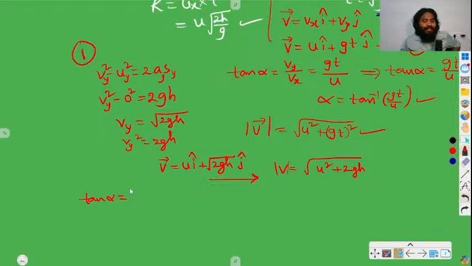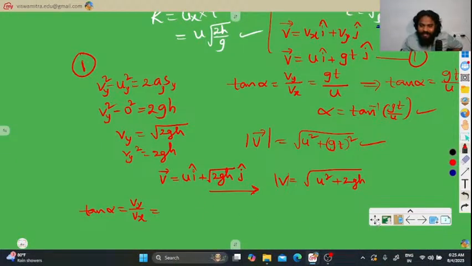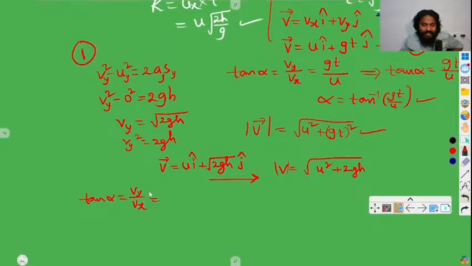Here vy is root 2gh and vx is nothing but u, right?